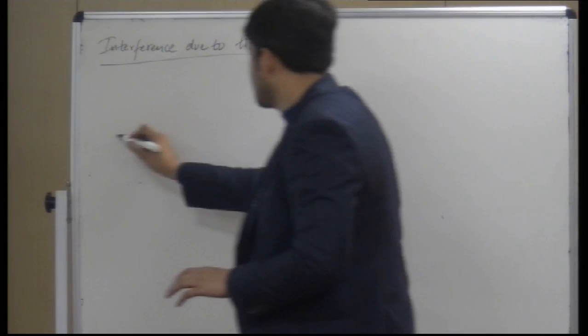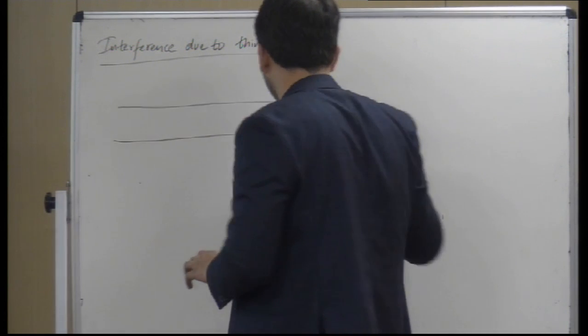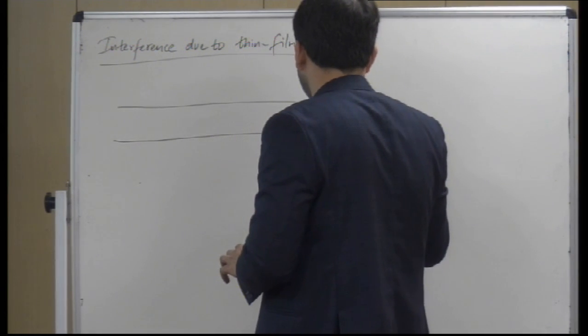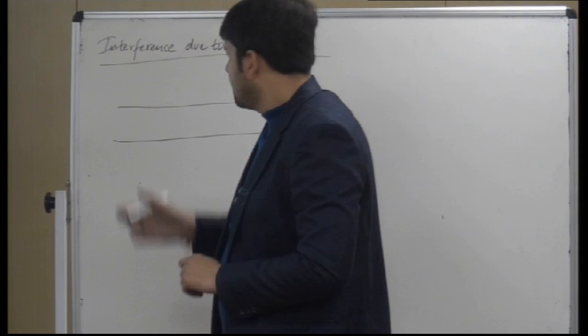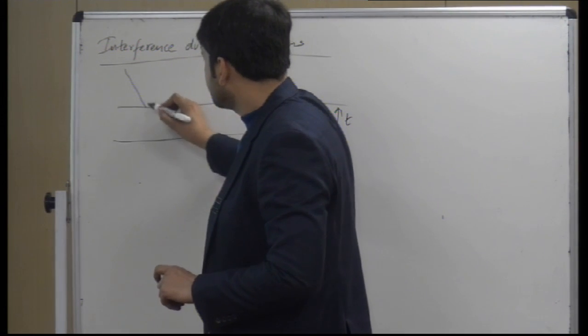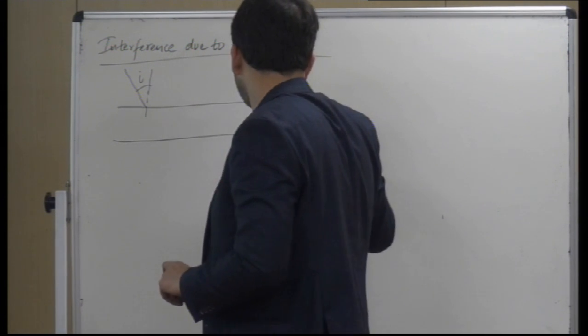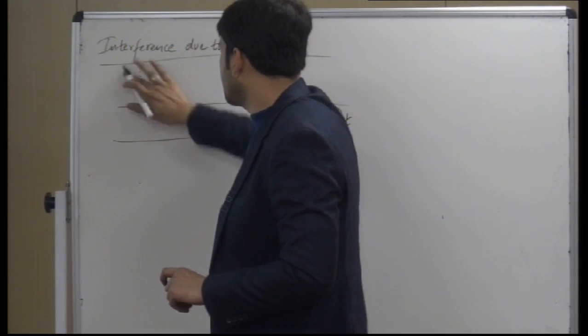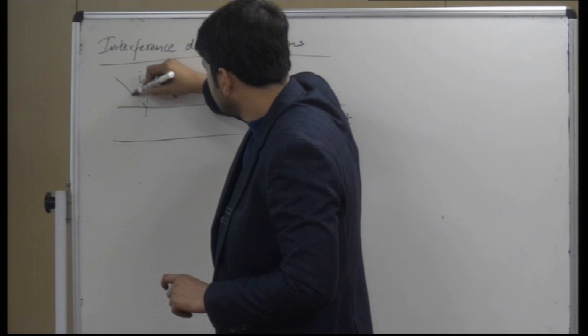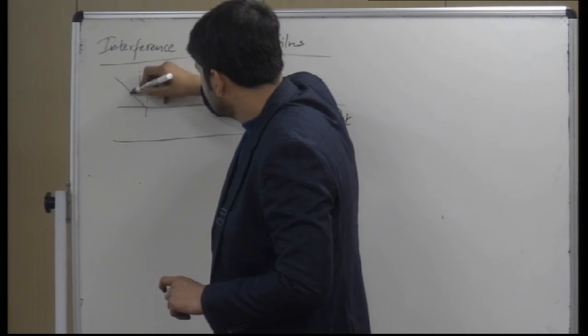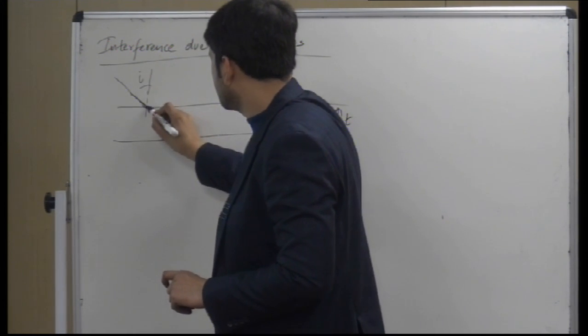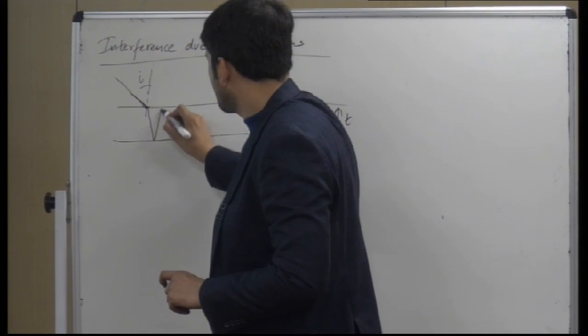This is something which is not related to YDSE. Let's say this is a thin film, thickness T. A ray of light comes in. This is angle I, refractive index mu.